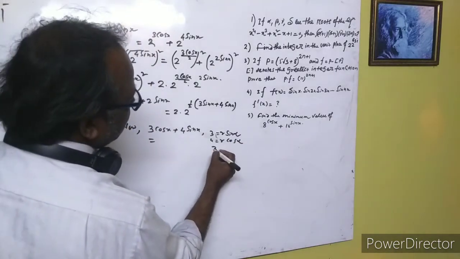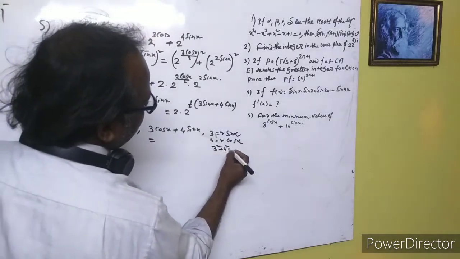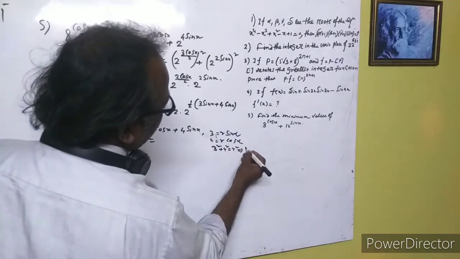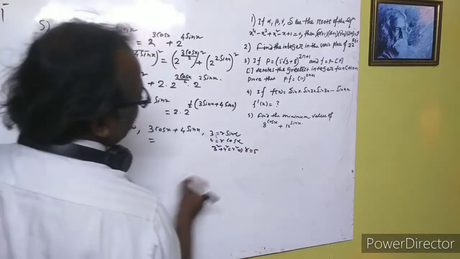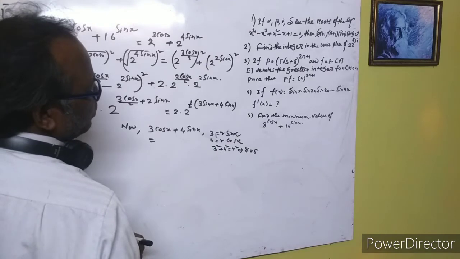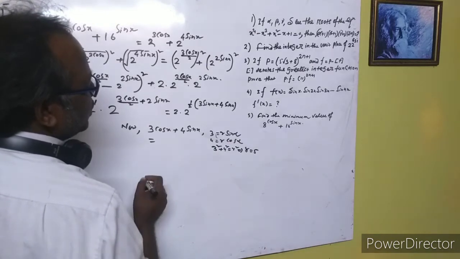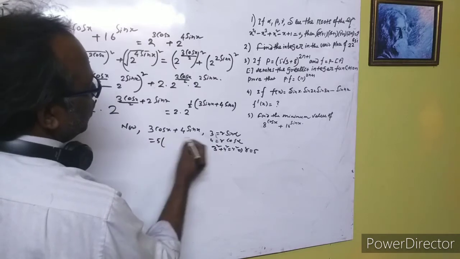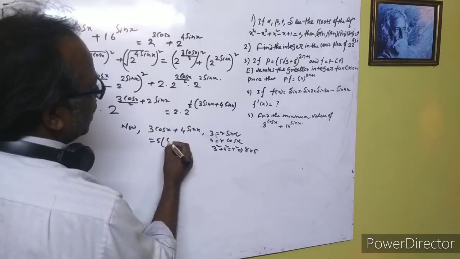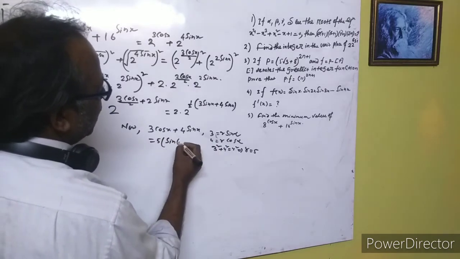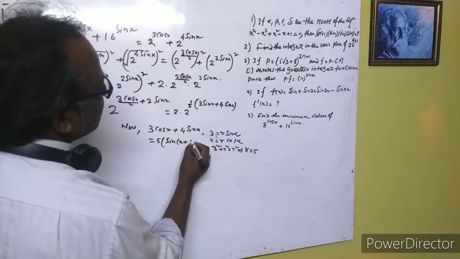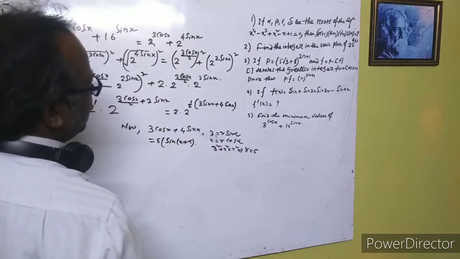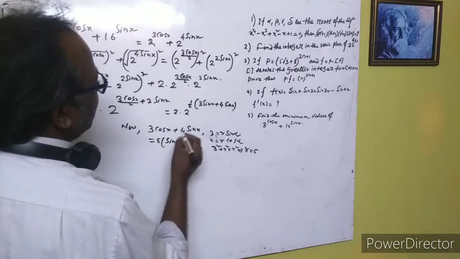Then 3 square plus 4 square equals r square, so 9 plus 16 is 25 and r is 5. Taking 5 out, we get sin a cos b plus cos a sin b, so we can write sin of x plus alpha.